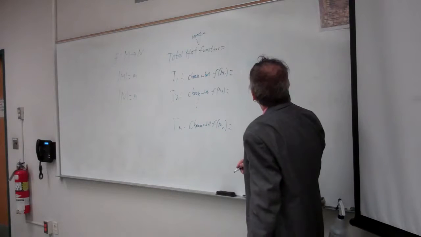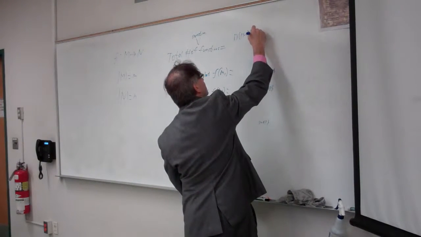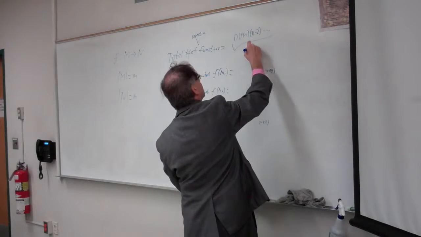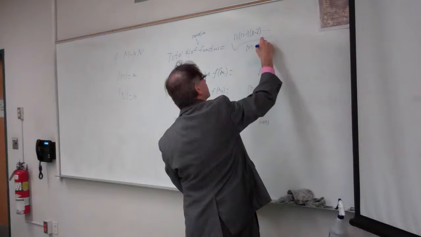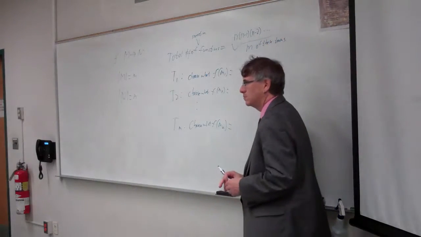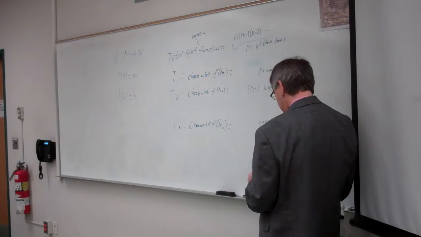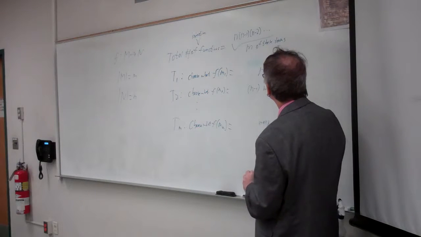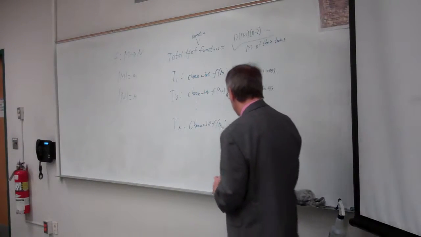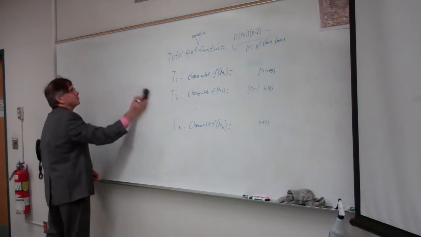But the total number of injective functions will be a product: n times n minus 1 times n minus 2, a total of m of these terms. And we're going to see that kind of expression pop up a lot.